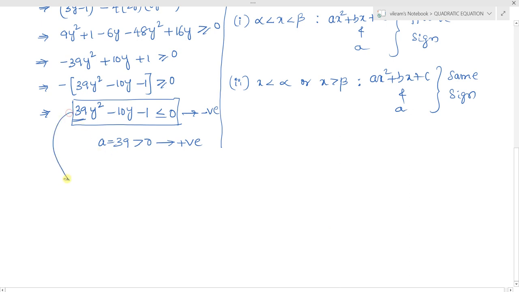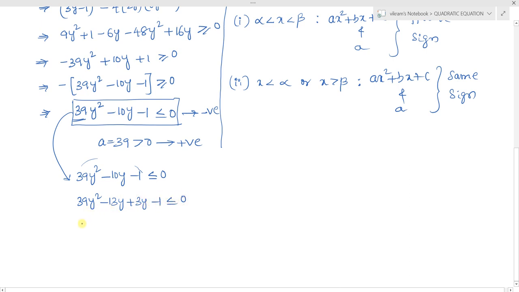The expression we are getting is 39y square minus 10y minus 1 less than or equal to 0. So what can we write? The product is minus 39 and the sum is minus 10, so we can write minus 13y plus 3y minus 1 less than or equal to 0.